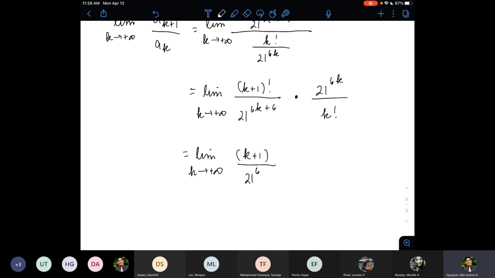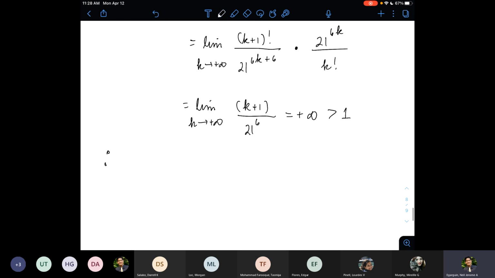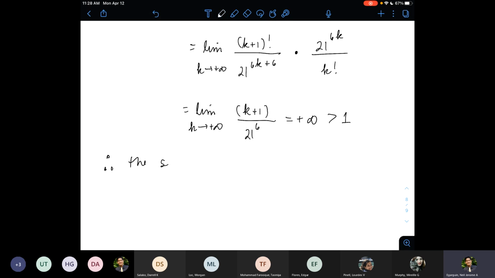So this would be infinity. So the form here would be a large number divided by 21 to the 6. So this will still be a very large number. Okay. And obviously this is greater than 1. So therefore, the series diverges. Because the limit is infinity, which is basically larger than 1.